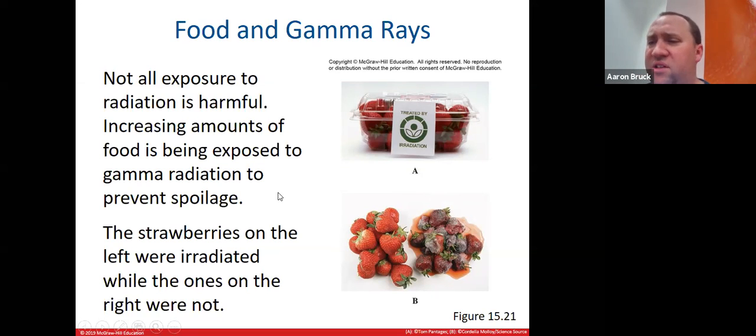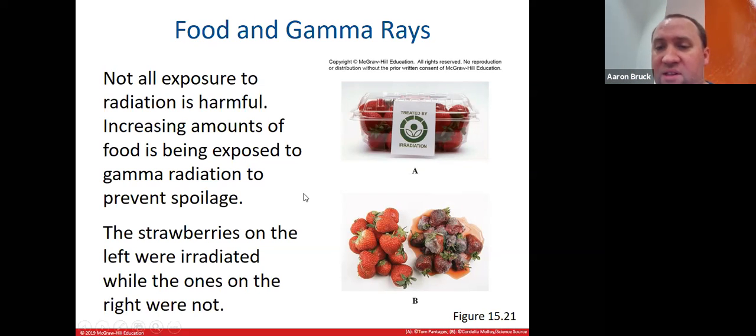Some other applications. Irradiation. This is a technique that has picked up some steam. It's still very much not well defined. There's still a lot of anxiousness about using gamma radiation. But one thing that has been done is that we put gamma rays and expose them to certain foods.